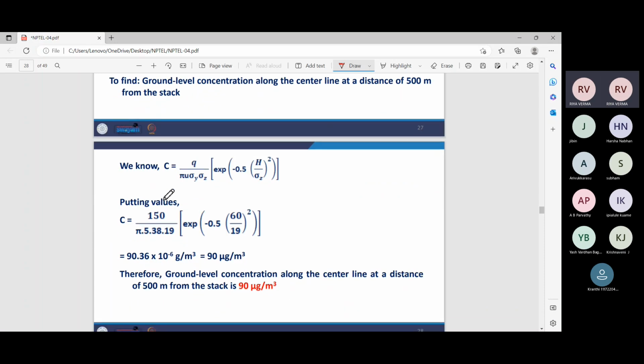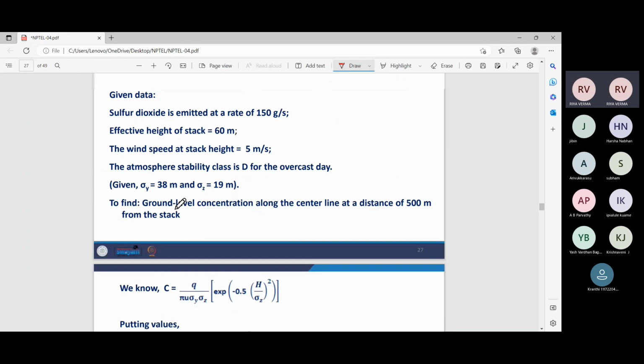Solving this equation, you will get the value as 90.36 into 10 raised to the power minus 6 gram per meter cube. And we have to answer in micrograms per meter cube. So this 10 raised to the power minus 6 ultimately will become micrograms. So 90 micrograms per meter cube will be your ground level concentration at a distance of 500 meters.